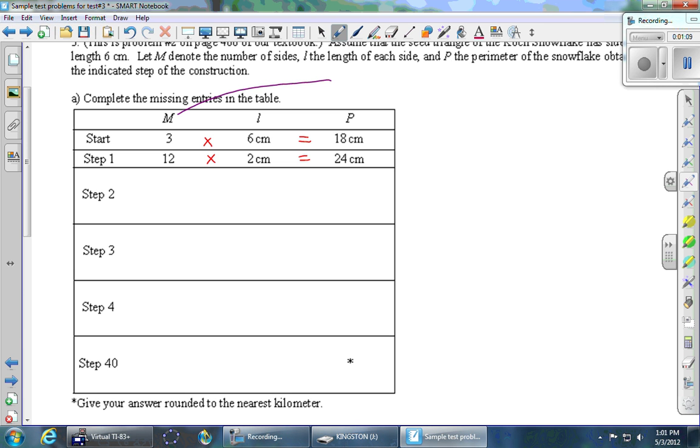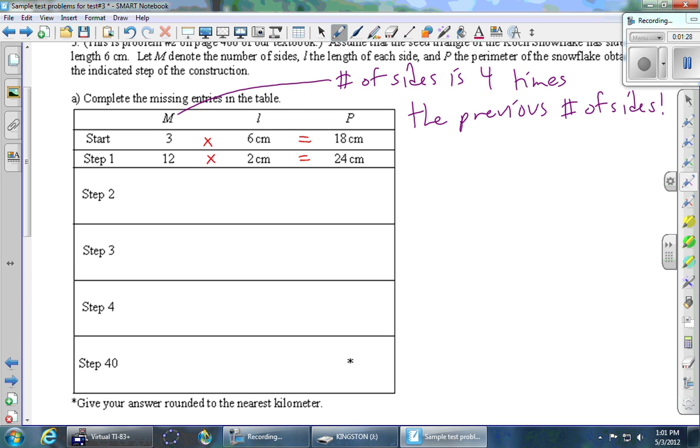So the first one is that the number of sides is 4 times the previous number of sides. So if I just multiply by 4, 4 times 12 is 48.